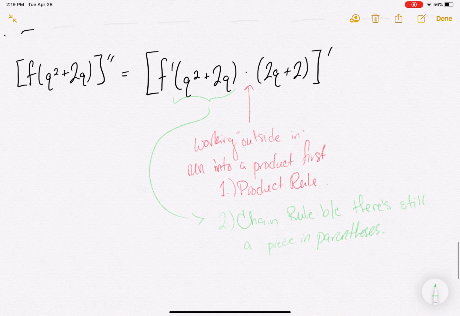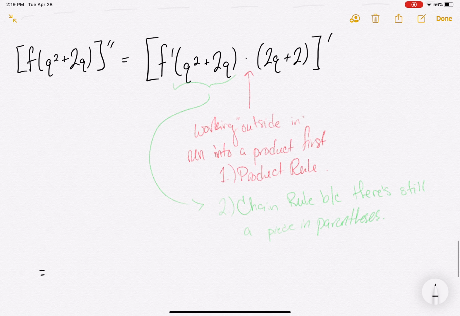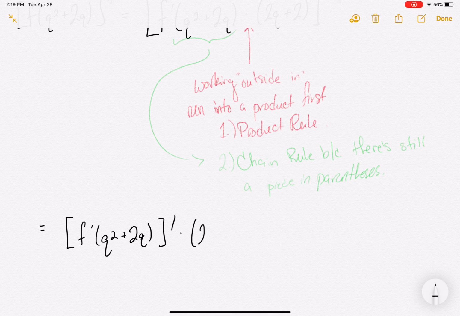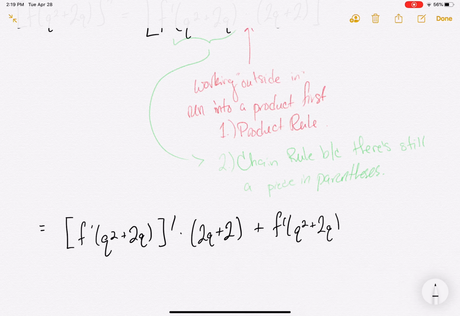Cool. So let's do that. Working outside in, we're going to use that product rule first. So the product rule is going to say derivative of the first, q squared plus 2q prime, keep the second the same, plus the first, or keep the first the same, multiply by the derivative of the second. So this is 2q plus 2 prime.